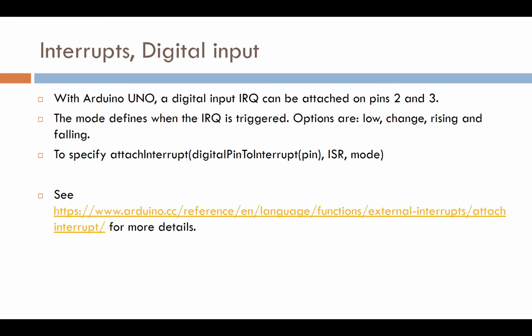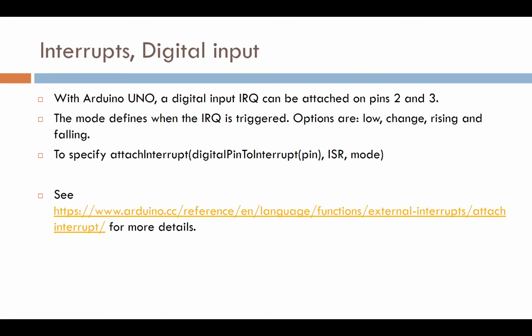Then there are different modes for the interrupt to happen, and the options are low, meaning that when the pin goes to low state, it triggers the interrupt. I would never use that one.